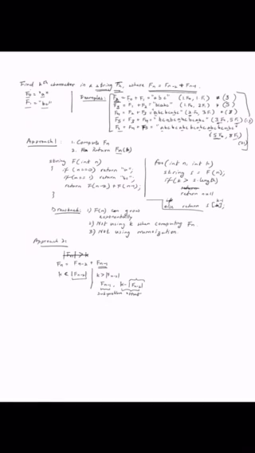So if you're given f of n, you could use this observation here to compute what the length of f of n would be. The length of f of n again is a recursion.